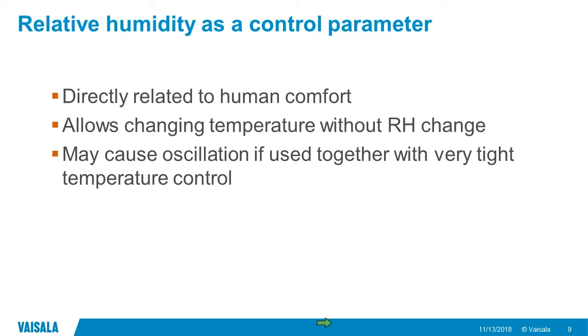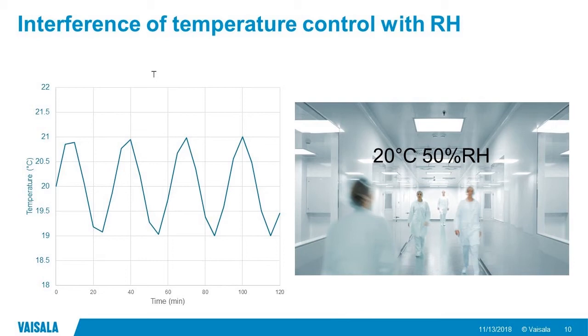So let's go further now and see an example of what might actually happen. Let's say that we have a lab or a clean room, for instance, and we want to maintain a very tight control here around 20 degrees centigrade and 50% relative humidity.